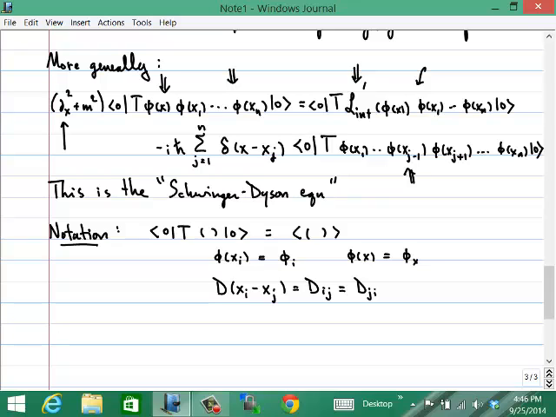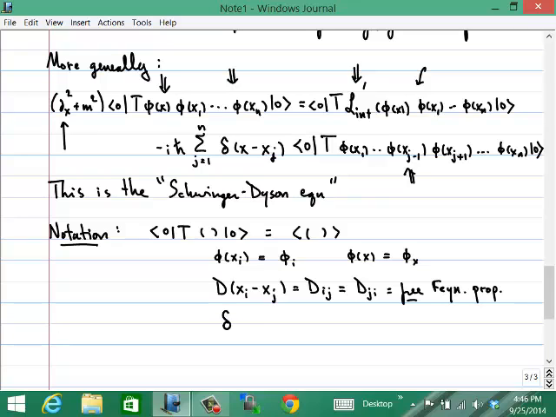The reason being that you have the time ordering symbol. You might think, for example, let's say that x_i happens after x_j, then you might think that when you switch the two of them, you would get a minus sign. But you have the time ordering symbol, which just rearranges them back again. So this guy's going to be symmetric. And this is going to be the free propagator, or the free Feynman propagator.